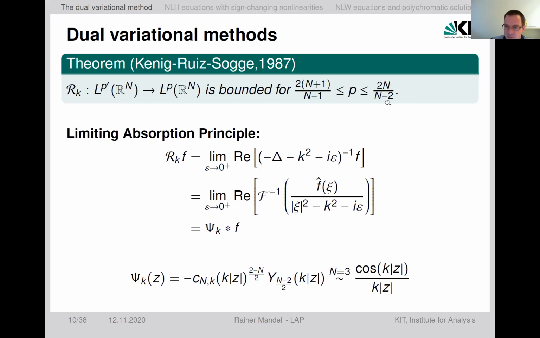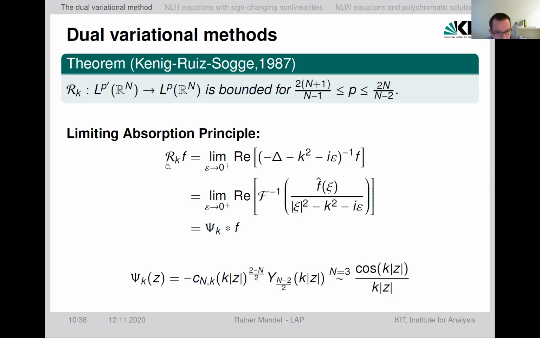As I told you before, this is due to the Sobolev criticality. It has to do with the fact that the symbol of the Laplacian goes like xi squared as xi tends to infinity, and this exponent here comes from the fact that we have a singularity in the construction.